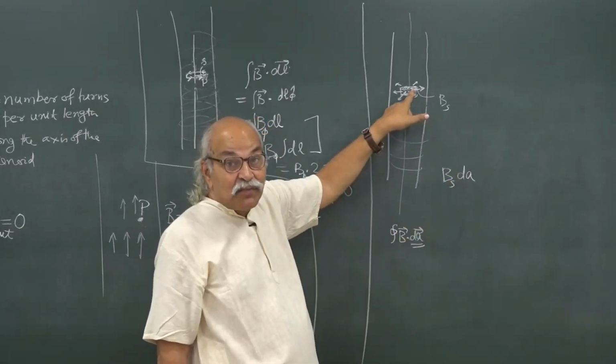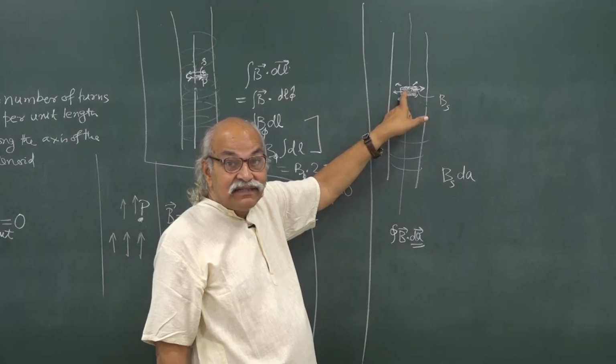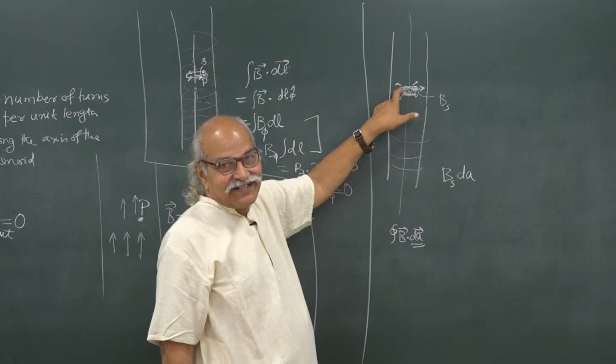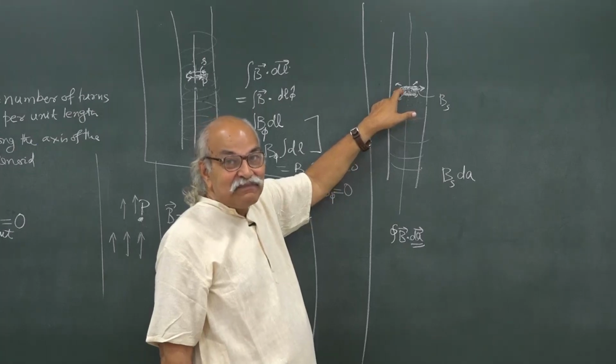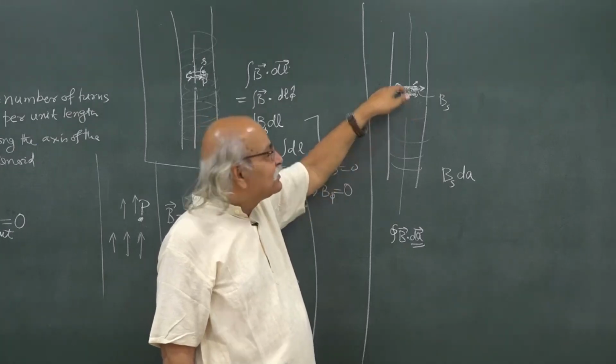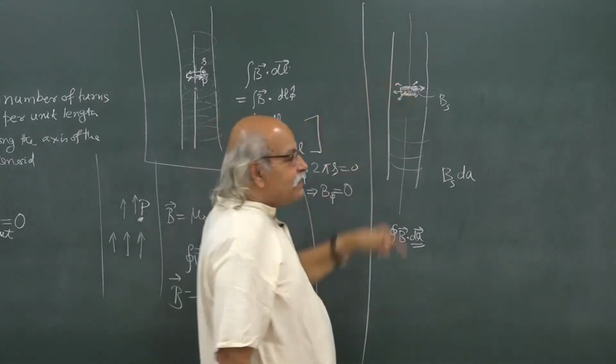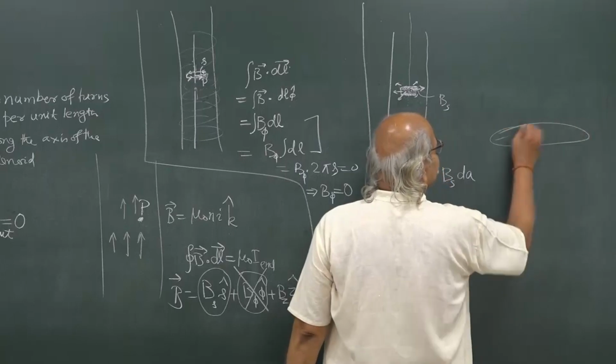If there is a Z component of magnetic field, then B dot dA is 0 on the curved surface. But B dot dA will be non-zero on the top surface and the bottom surface. So, you have this top surface.